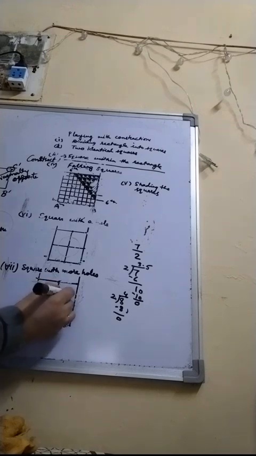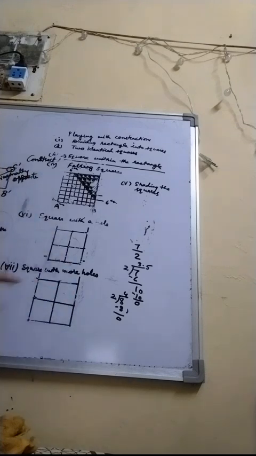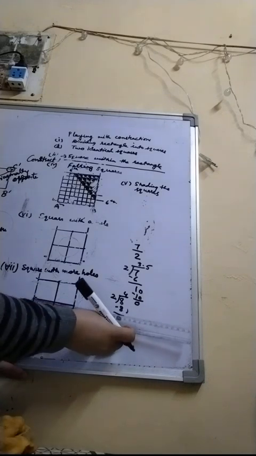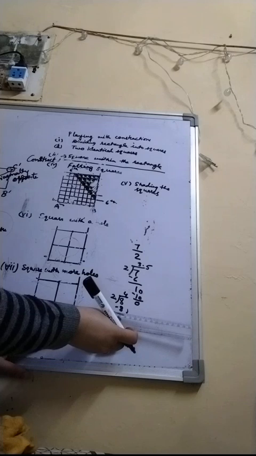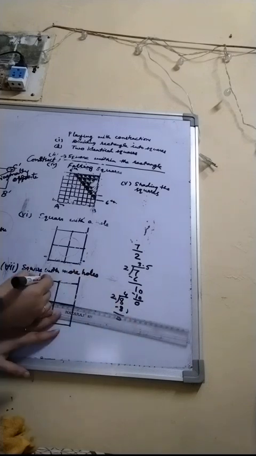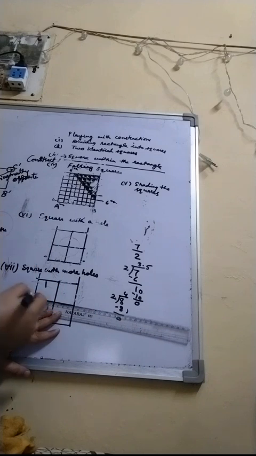Now you have 4 squares and you need 4 holes in these squares. So the process would be same. How to find the center of the square? Take one square at a time. Suppose I take this one, number 1 square. How much is the length of its side? 4 centimeter.